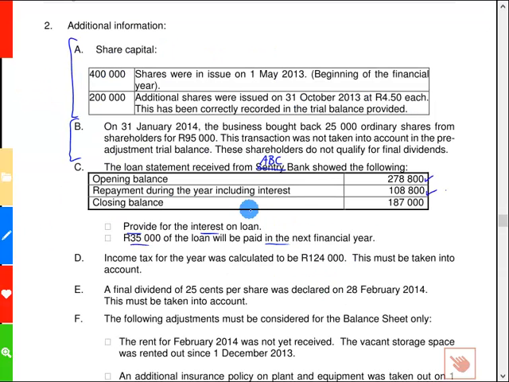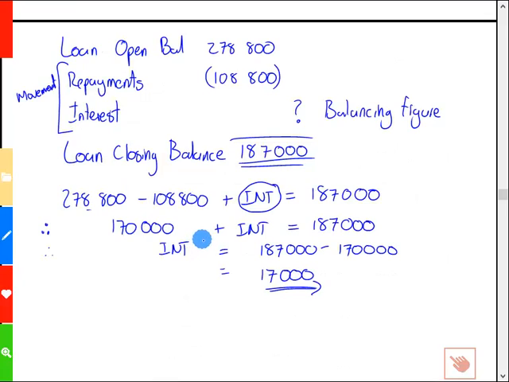Now what do we do with this interest? They say provide for the interest on the loan. Okay, so we've got one of two options. Depends whether the interest is capitalized or not. In this example, they didn't specify that. So we're going to say assume the interest is capitalized.